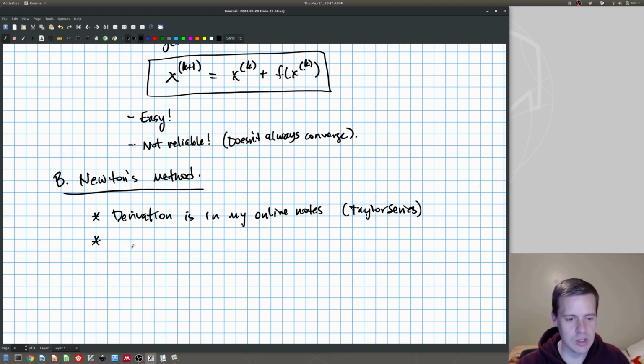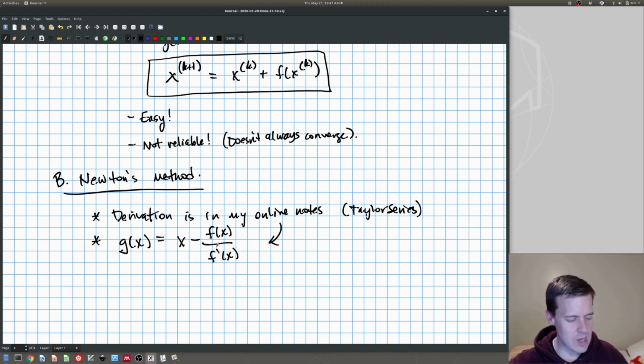But essentially, what that gives us is a g of x that looks like x minus f of x divided by f prime of x. Okay, so the derivation gives us that guy, and that's what gives us that method.